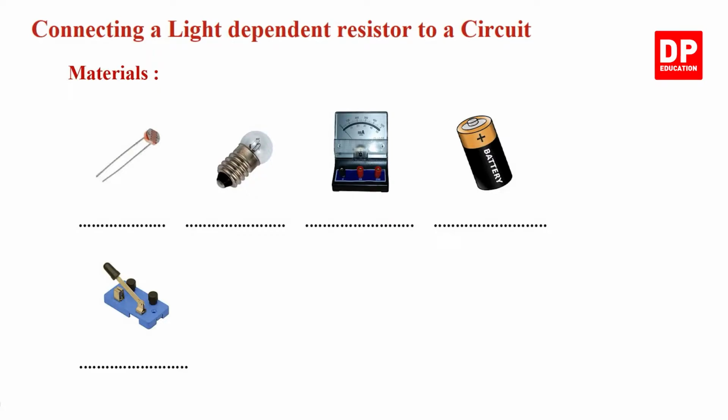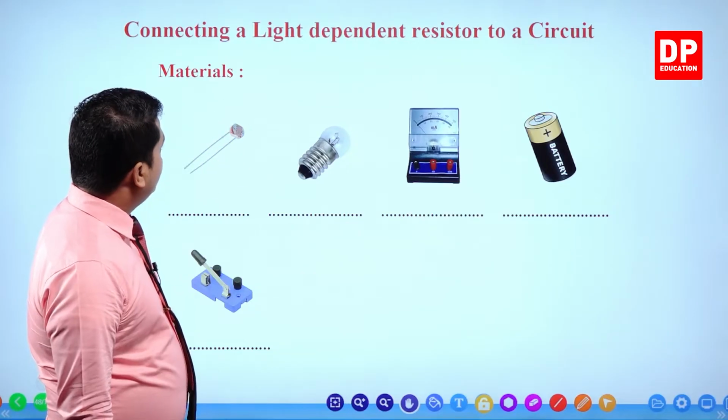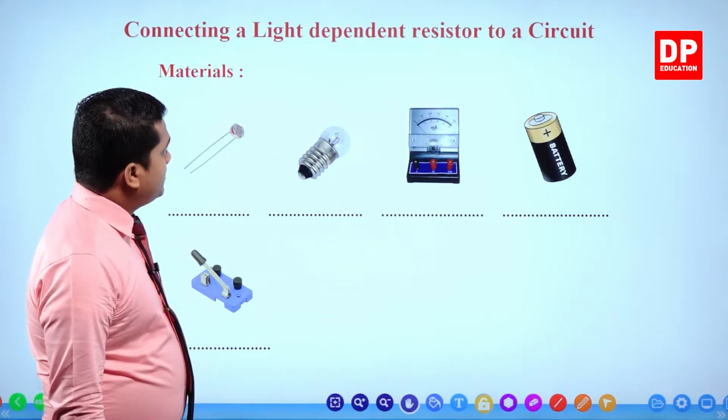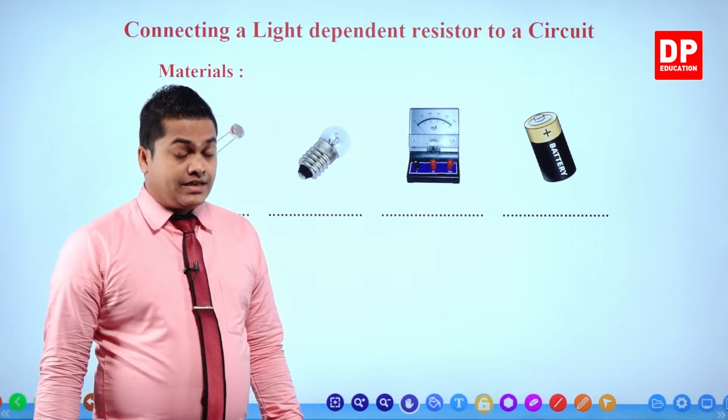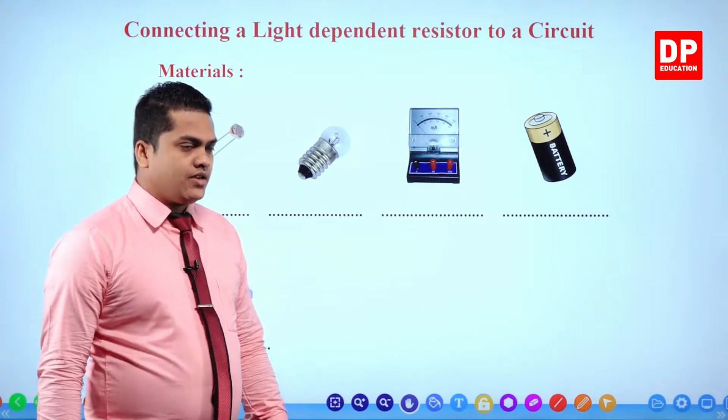So this is our activity. We are connecting a light dependent resistor to a circuit.